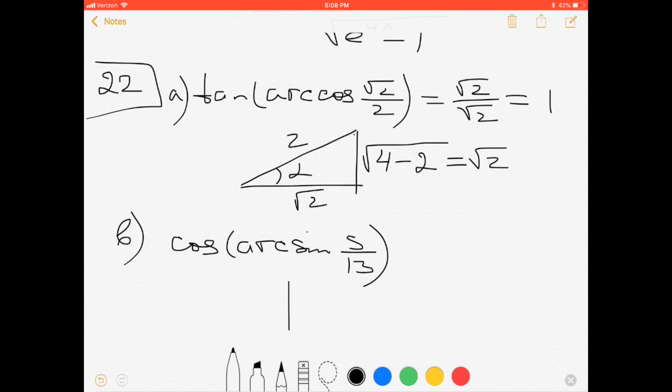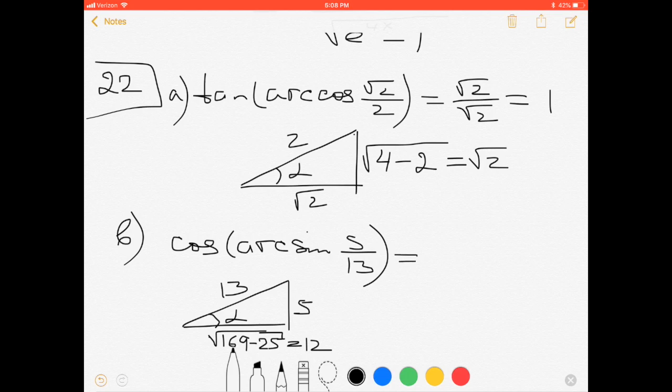Use the same approach, use a triangle. Let's go, this is angle alpha. This means the sine of this angle alpha is 5 over 13. So the opposite side is 5 and the hypotenuse is 13. This side will be square root of 169 minus 25, which is 144, so 12.